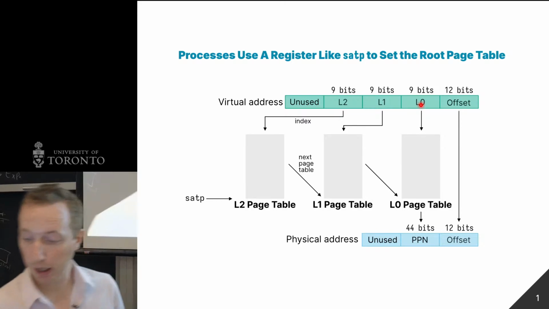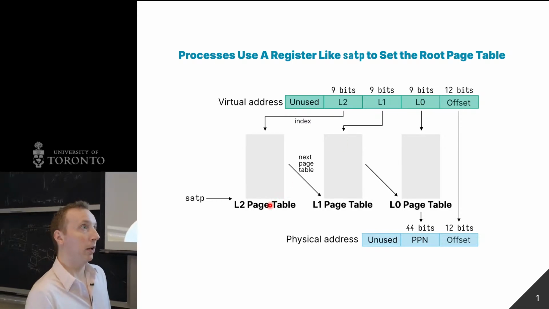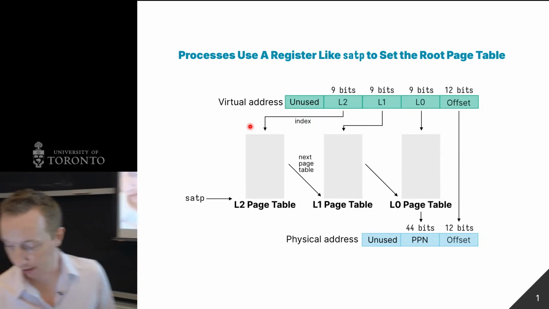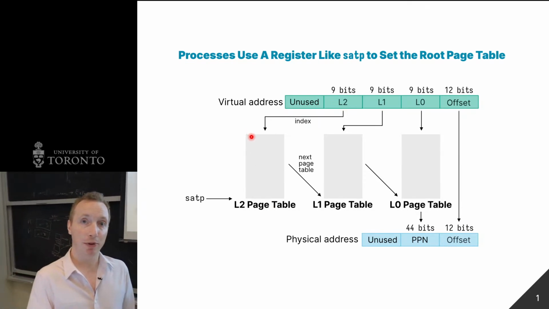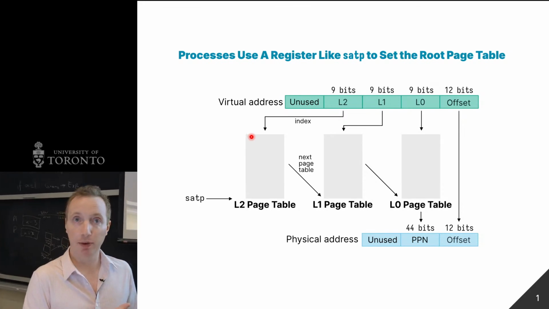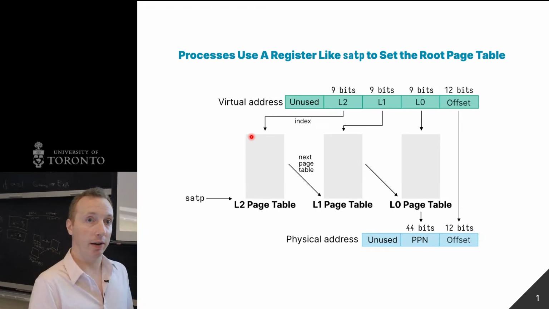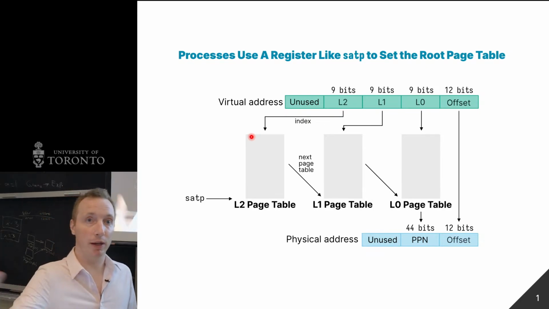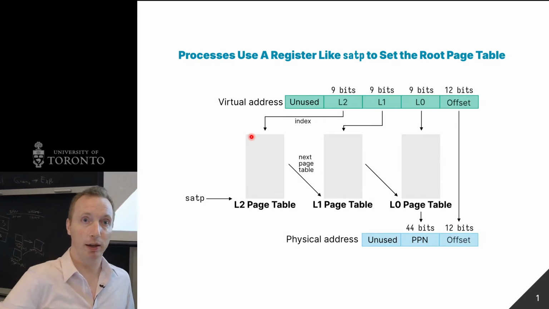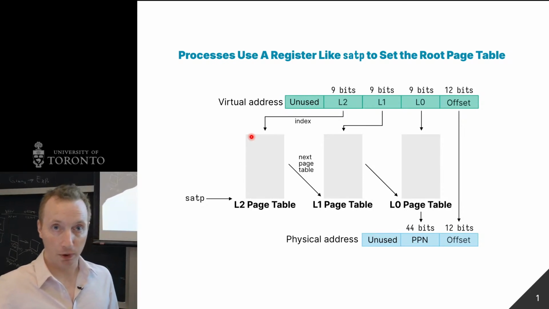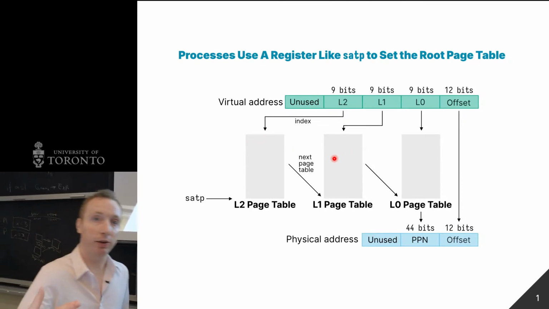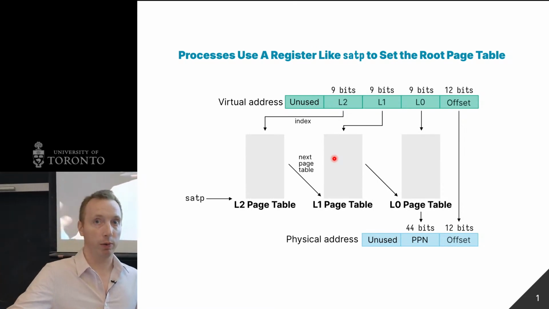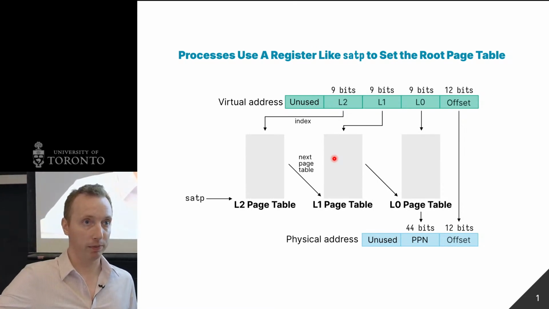In the example today, we'll have at most one L2 page table. If it was full of entries, it could point to 512 different L1 page tables, and each of those, if they were full, could point to up to 512 different L0 page tables.